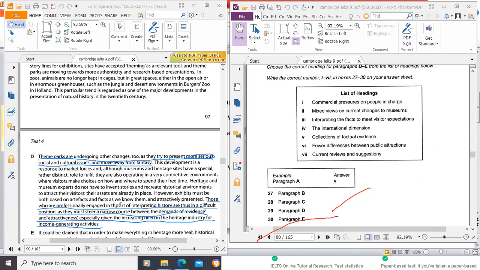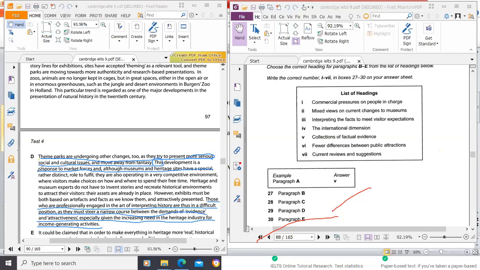If you read this place, hold on. This development is a response, yeah, very good. Now, this development, all the changes they are making to theme parks, is a response to market forces. When you say market forces, it is demand and supply.